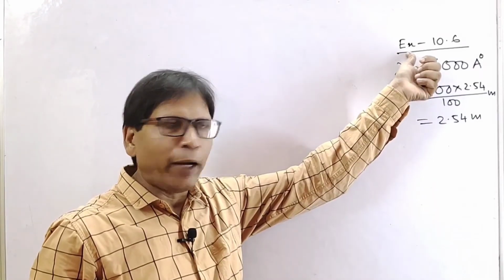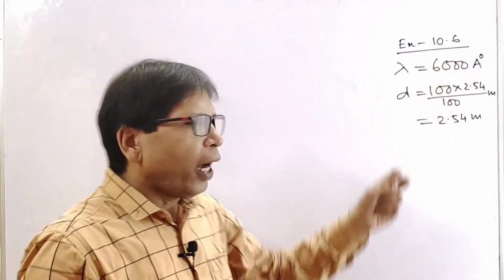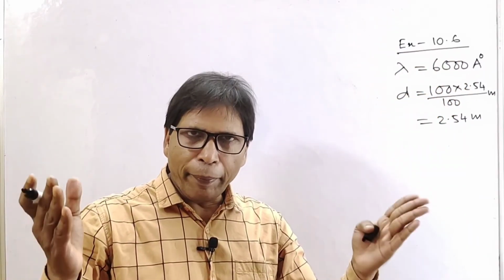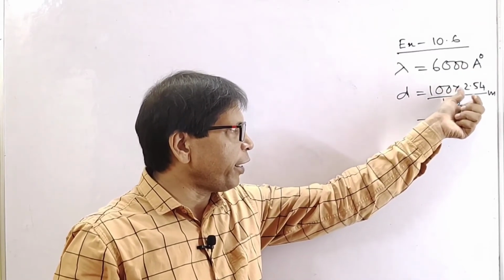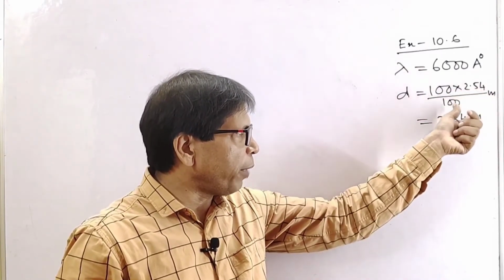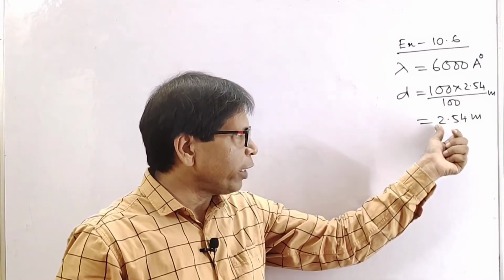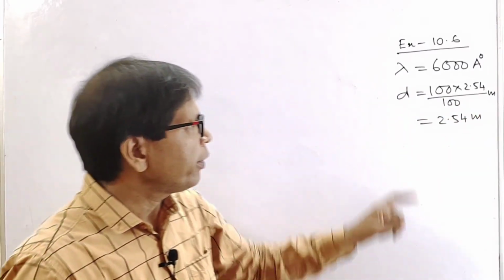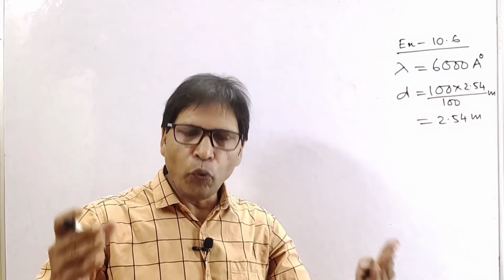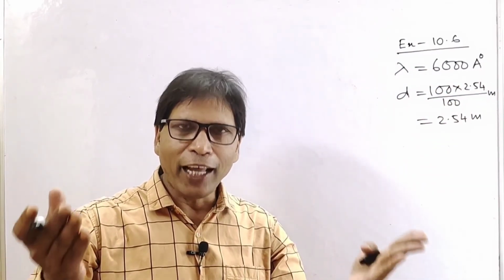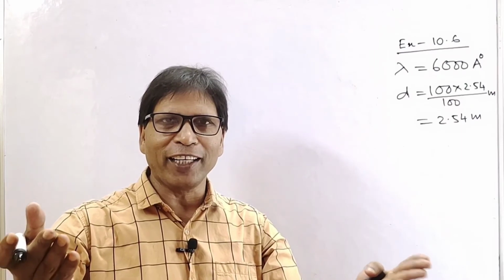Now NCERT example 10.6. The diameter of the aperture of the telescope is 100 inch, that is 100 into 2.54 divided by 100 meter, that is 2.54 meter. The wavelength of light used is 6000 angstrom. We have to calculate the limit of resolution of the telescope.